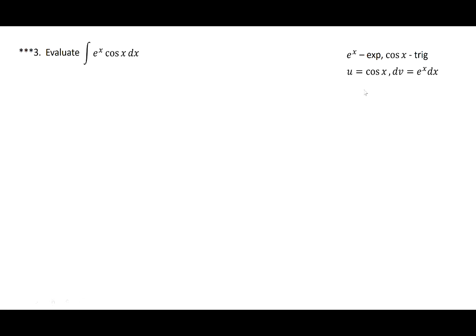Right? What's the next step? du and v. Figure out du and v. du is what? The derivative of cosine x is negative sine x. And the integral of e to the x dx is e to the x. So we have u, v, solution, I equals, what? I equals?